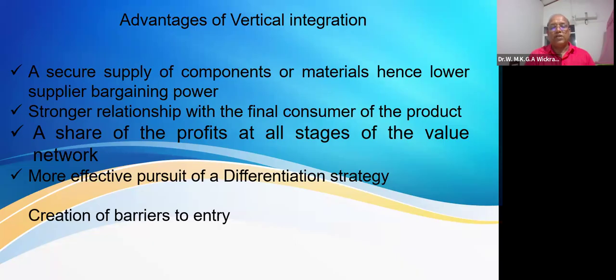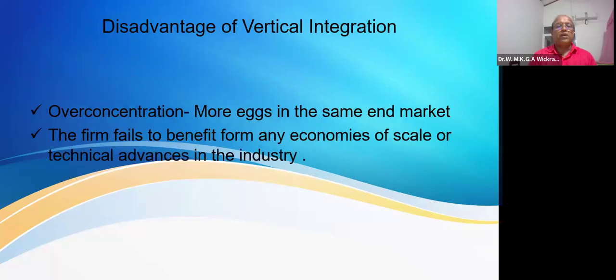More effective pursuit of differentiation, creation of barriers to entry. So the disadvantage is over-concentration. Earlier you were only selling products. Now you are moving to the farmers, so you have to collect all the products from the farmers, from their fields, bring them to your stores and sell. If something goes wrong, for example, we all remember the COVID pandemic.